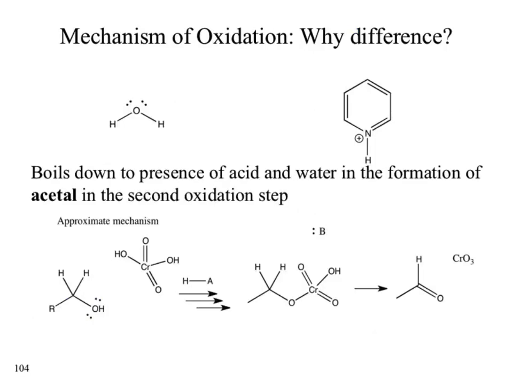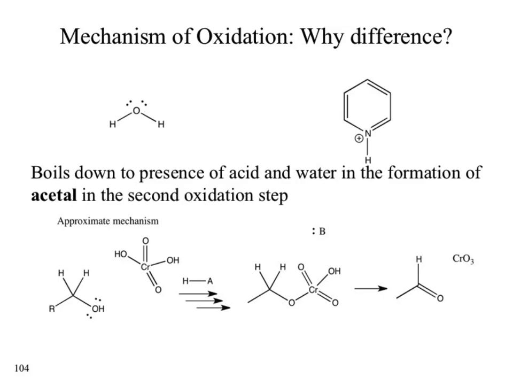So why do we get this difference? Well, the difference between PCC and chromic acid really boils down to these two structures. The solvent for chromic acid is water. The solvent for PCC is technically pyridine. It is still chromic acid, still acidic. But pyridine has that nitrogen, which is slightly basic and can accept a hydrogen.